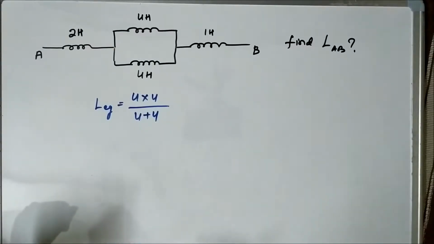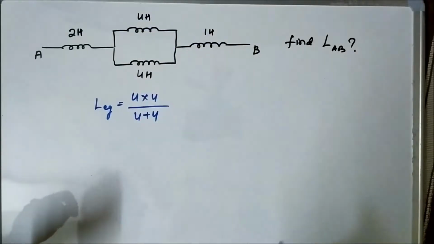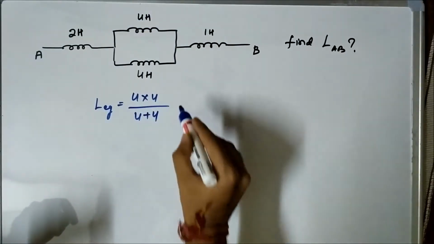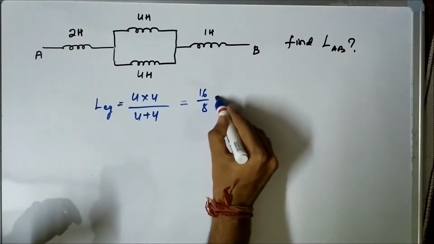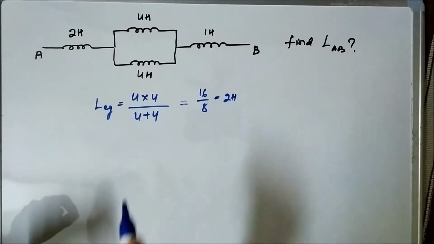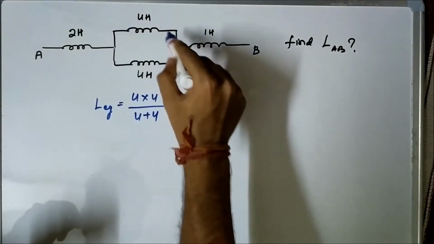The formula is L1 L2 by L1 plus L2. So it is equal to 16 by 8, which is equal to 2 Henry. So the equivalent inductance of this portion is 2 Henry.